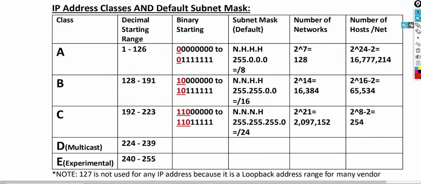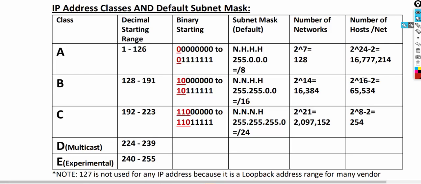Now this chart is very important. Doesn't matter whether you are new to the industry, studying for CCNA, CCNP, or whatever certification you are doing, or even for general studies, this is a very important chart. There are 5 classes of address, as I told you before: A, B, C, D, E. By looking at the binary number or decimal number, you can figure out the class.